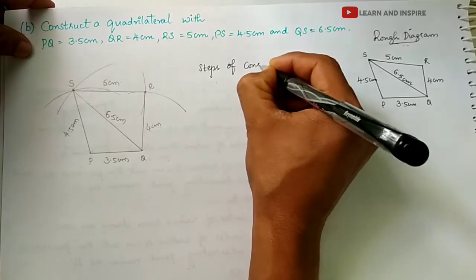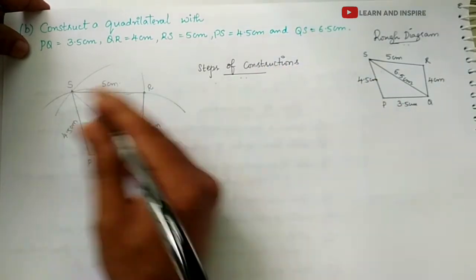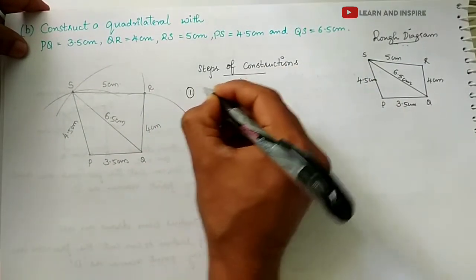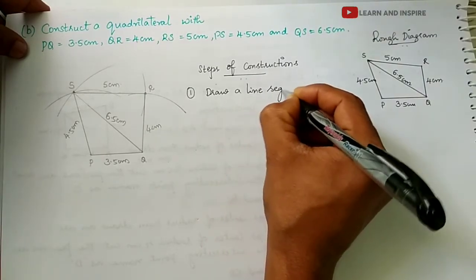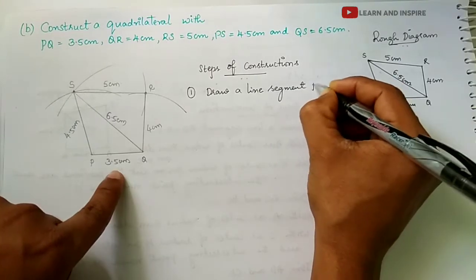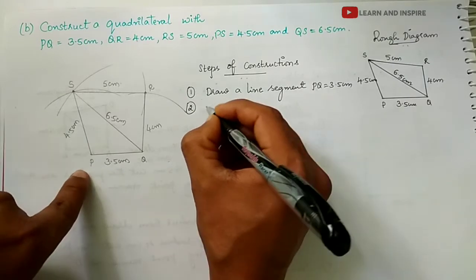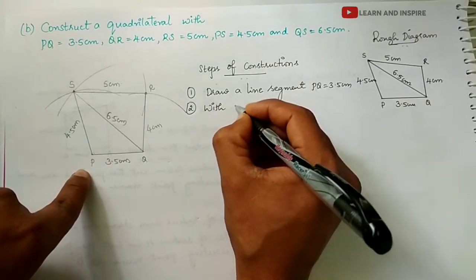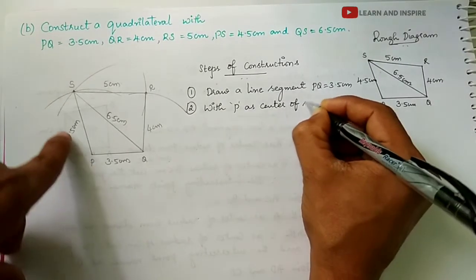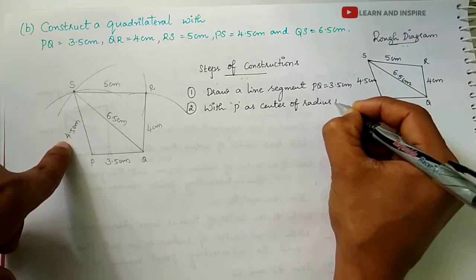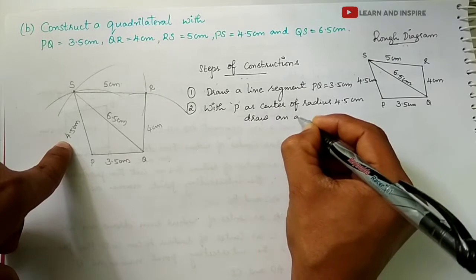Steps of constructions. Okay, so what is step 1? Draw a line segment PQ is equals to 3.5 centimeters. Now step 2, with P as center of radius 4.5 centimeters, draw an arc.